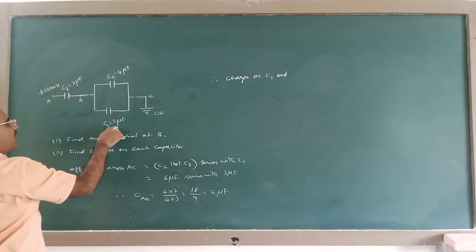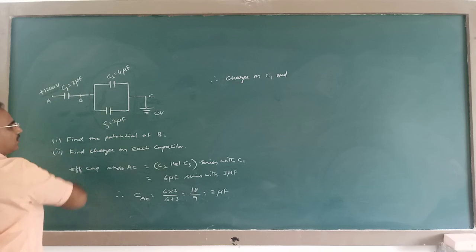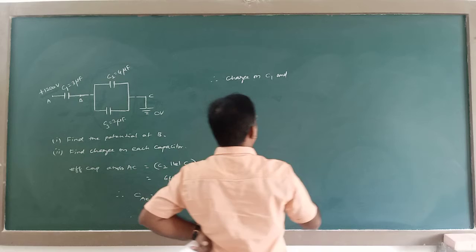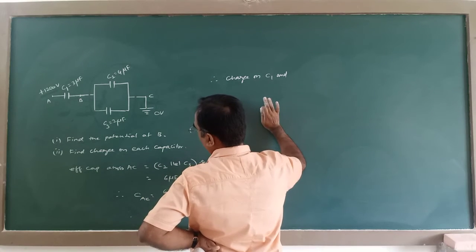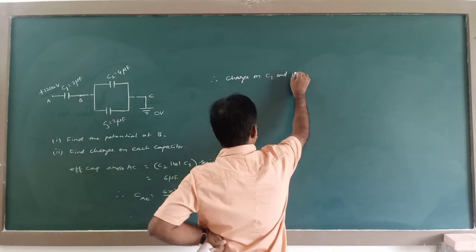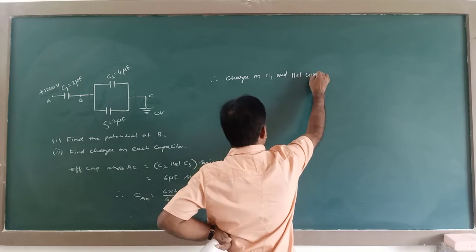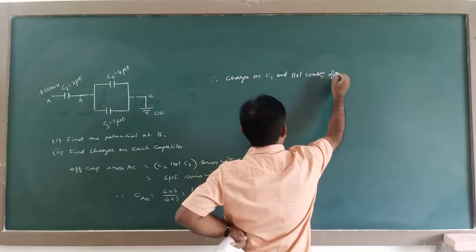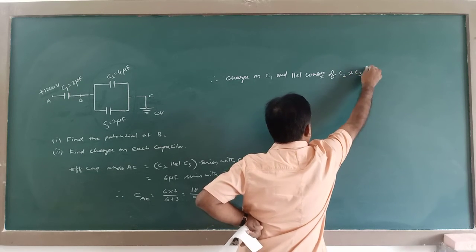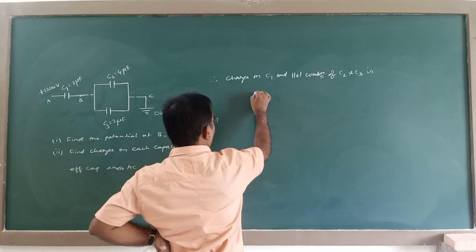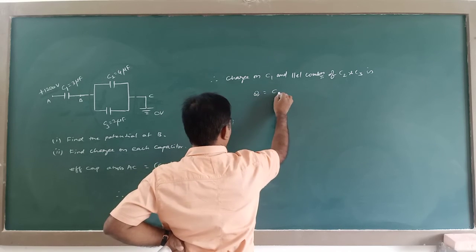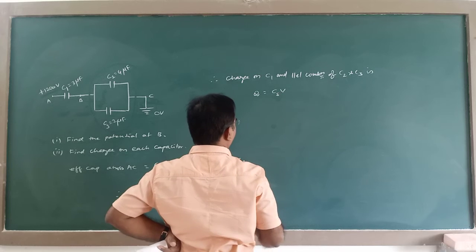This 6 microfarad is in series with 3 microfarad. So the charge on C1 and the parallel combination of C2 and C3 is Q is equal to CS into V.